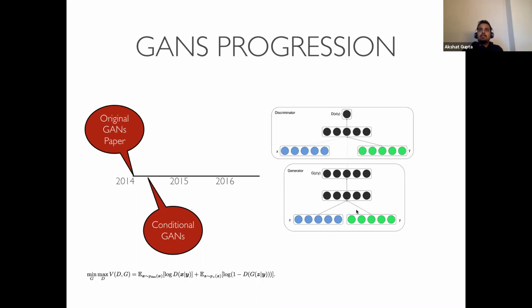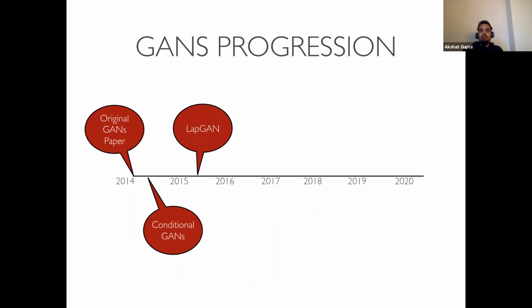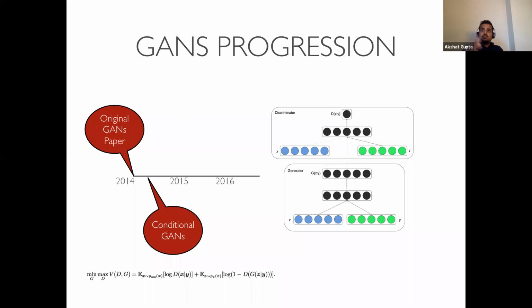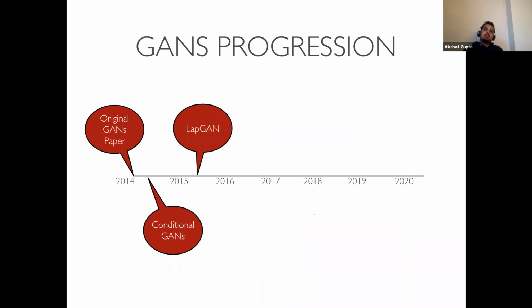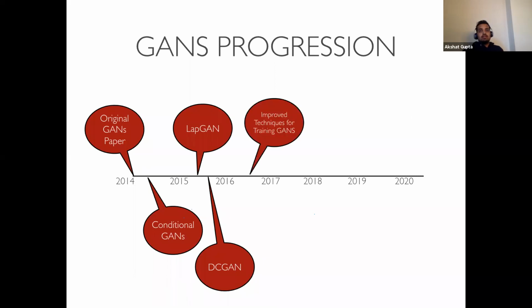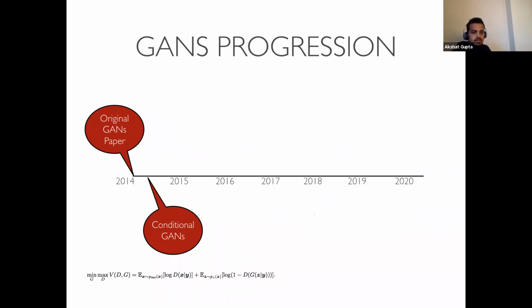Both work fine, but the idea remains: we want to get more control over what we're generating, and to do that, we condition our generation on an input vector. And it has lots of cool applications. Image-to-image translation is based on conditional GANs.